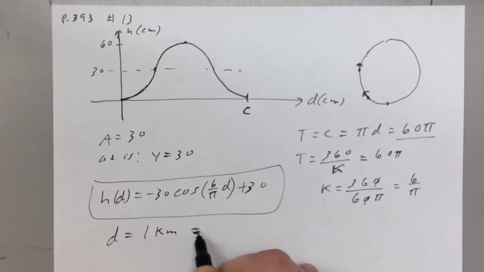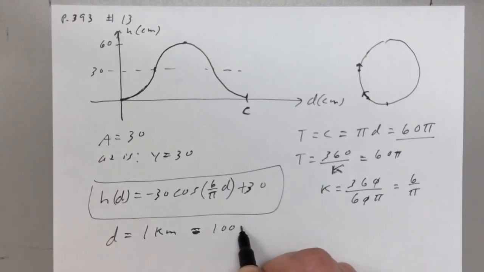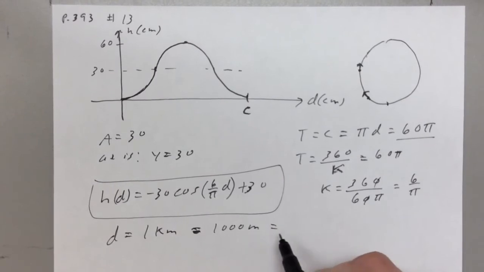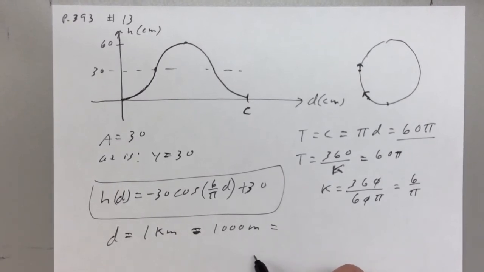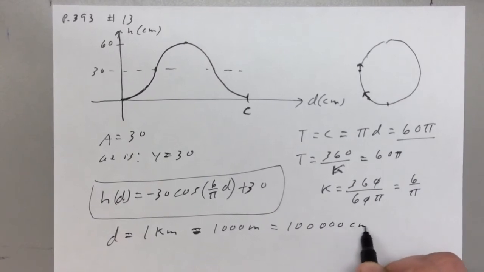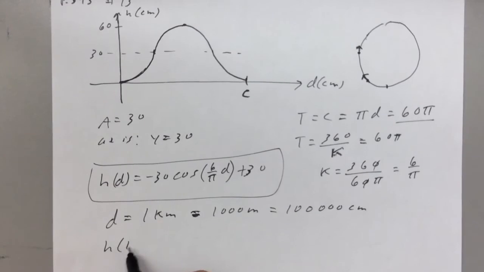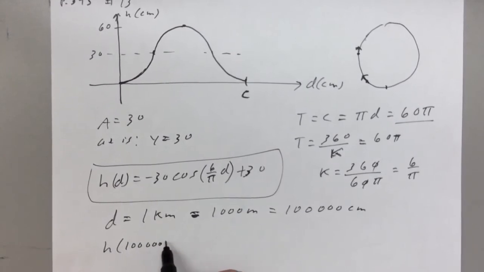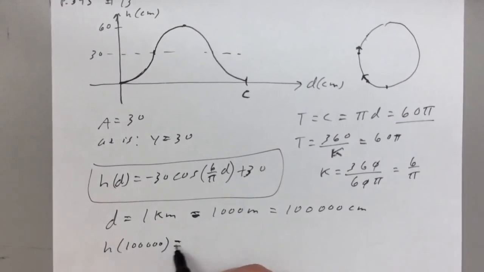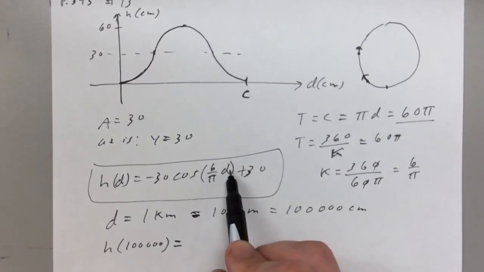Well, 1 kilometer is 1,000 meters, and 1 meter is 100 centimeters. So it's basically 100,000 centimeters. So we want to look at h of 100,000 to find out what this is going to be. So we're going to put 100,000 in for d.